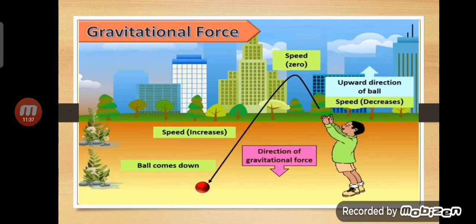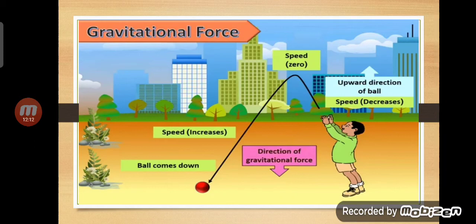This is because of the Earth's gravitational force, which acts in the opposite direction of the ball, and as a result the speed of the ball goes on decreasing till in the end it becomes zero. Then the ball comes down, but while coming down, the speed of the ball goes on increasing all the time. Why? It's due to gravitational force.